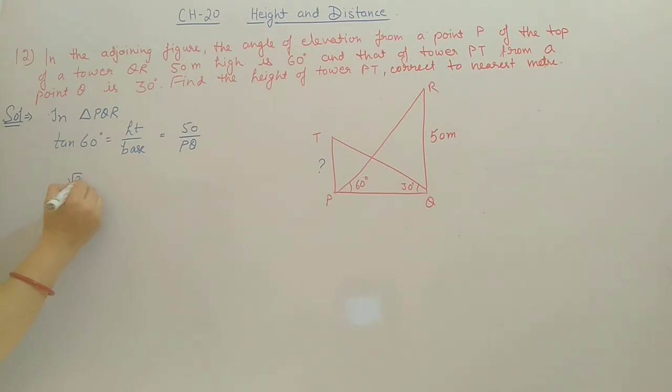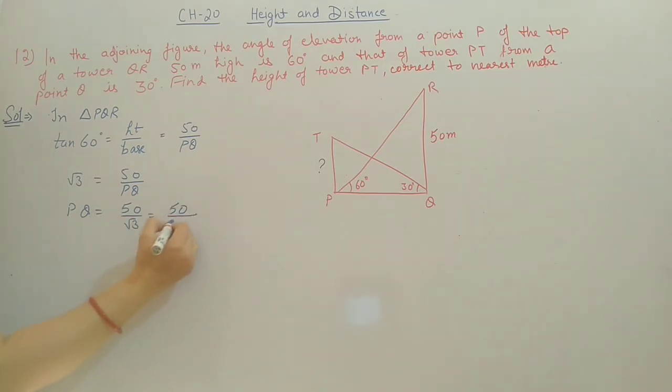It is equal to root 3, 50 by PQ. Shift PQ this side and root 3 another side. So you will get PQ is equal to 50 by root 3. Root 3 value we have to substitute 1.732 and do the calculation. You will get answer 28.8 meter.